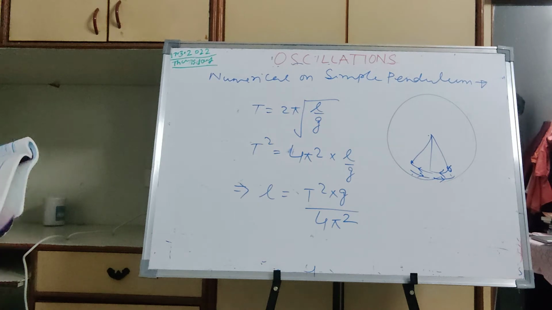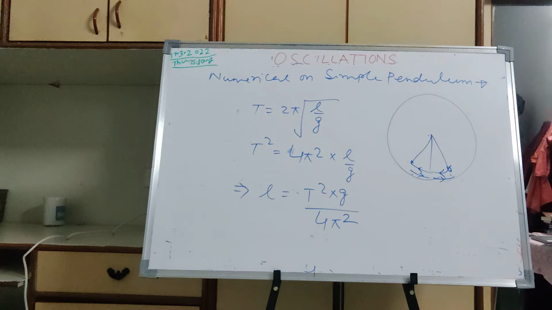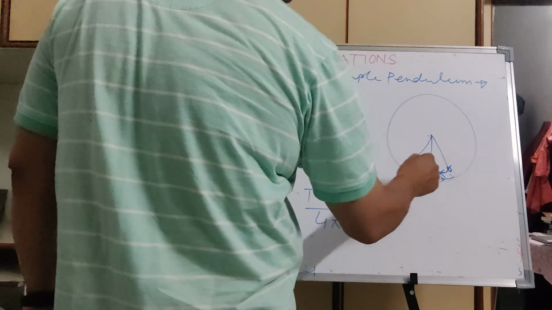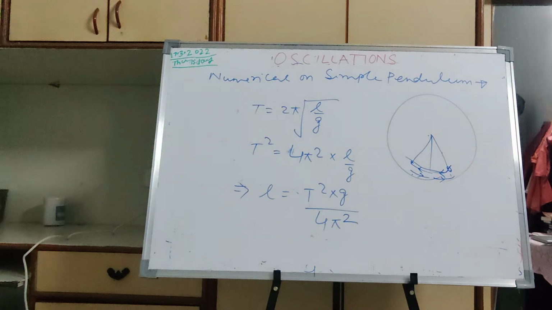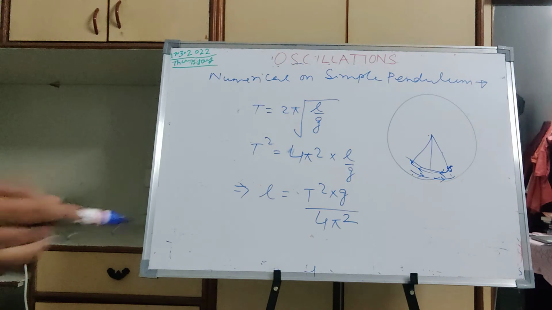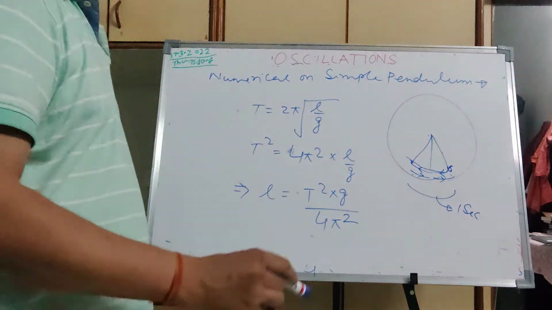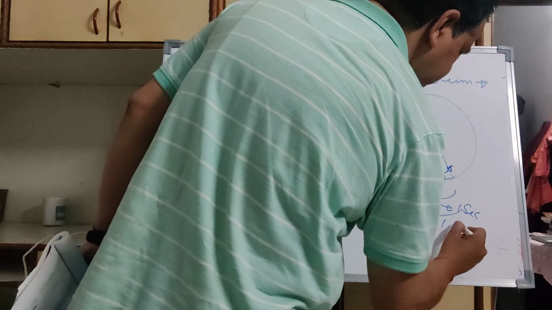So the question is about a pendulum in a table clock, a wall clock or whatever: what is the length of a simple pendulum which ticks seconds? That means ticks seconds means going from one extreme to another extreme takes 1 second. So from here to here it takes 1 second, and from here back to here is another 1 second.